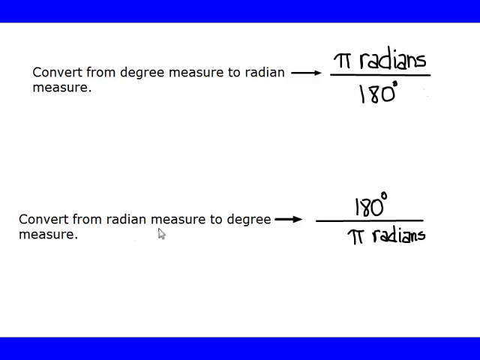Whenever we want to convert from radian measure to degree measure, our ratio is 180 degrees over pi radians. Again, please pause your video and take your notes because you will need this as we move on.